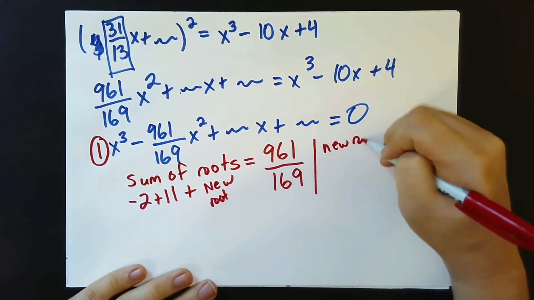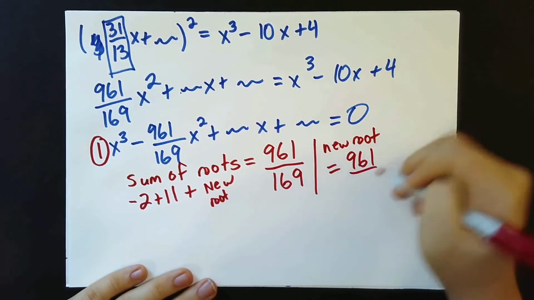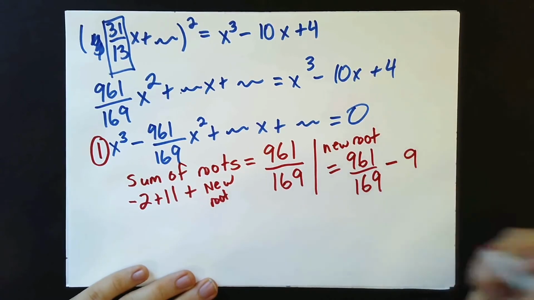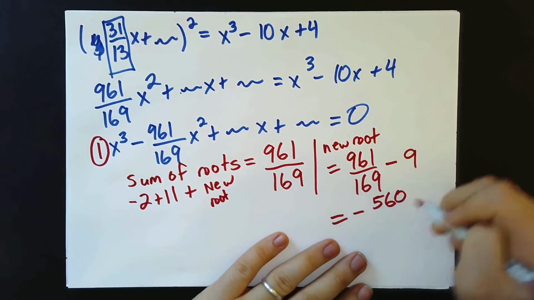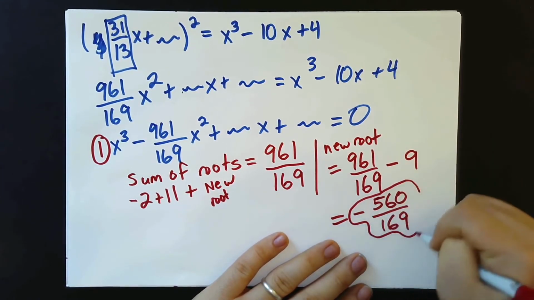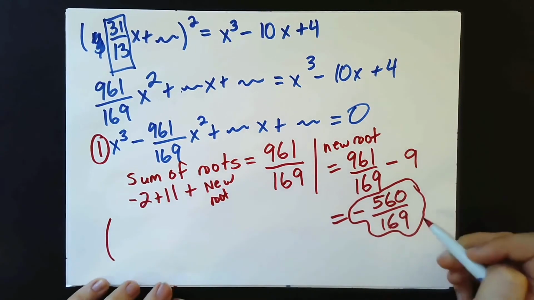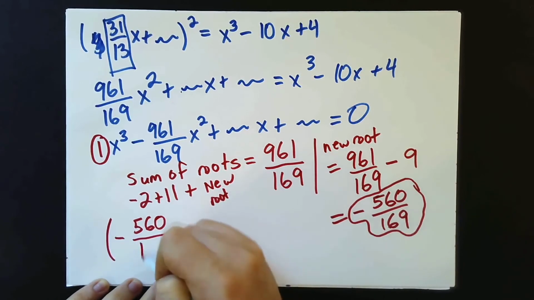And so what that means is that our new root is 961 over 169 minus 9, which, as it would happen, is minus 560 over 169. So our new point then has x-coordinate minus 560 over 169.